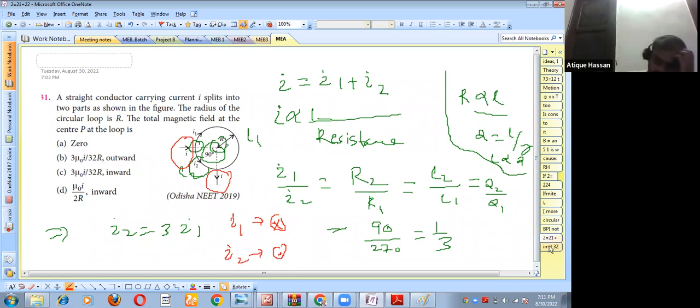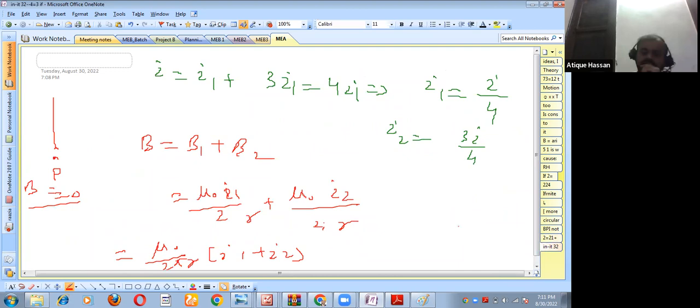So here both are in opposite directions, so we can put it as I2 minus I1. The net magnetic field will be calculated by I2 minus I1.